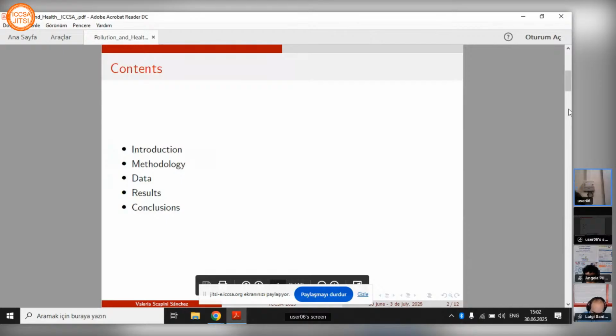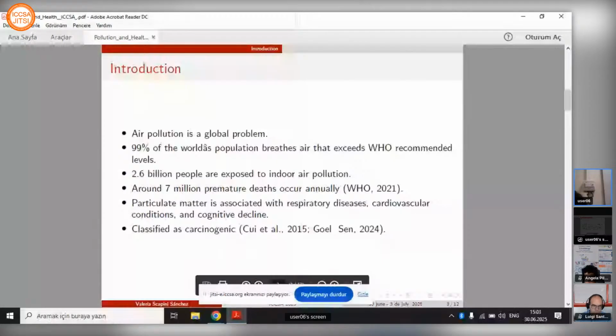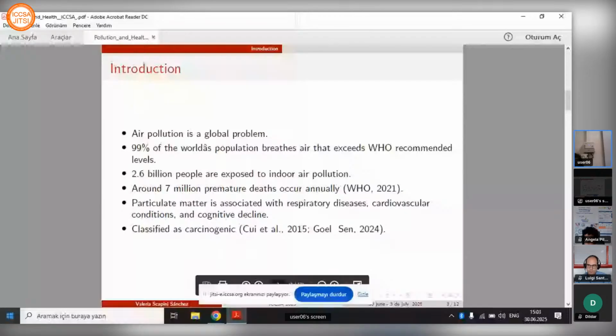Air pollution is a big problem all around the world, and 99% of the population breathe polluted air. It is related to different diseases. There are a lot of studies about the relation, for example, air pollution and asthma, air pollution and cardiovascular illness, air pollution and mental health, and also air pollution and cancer.